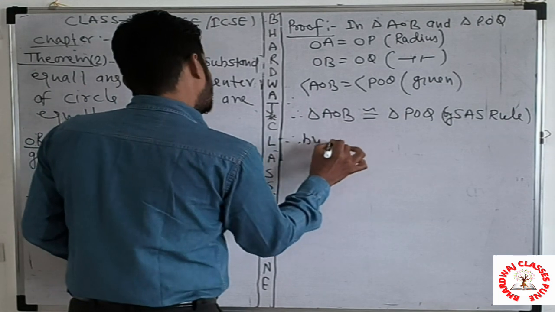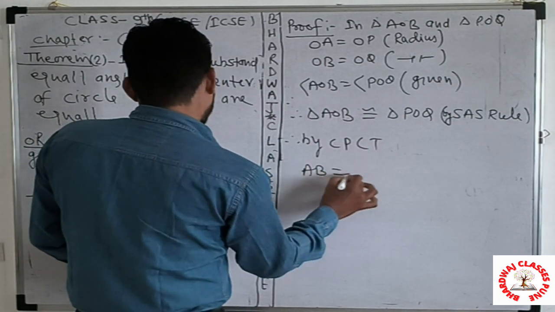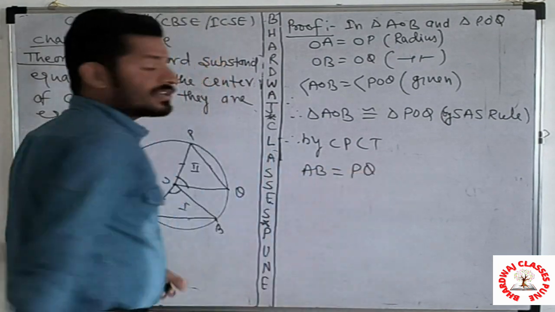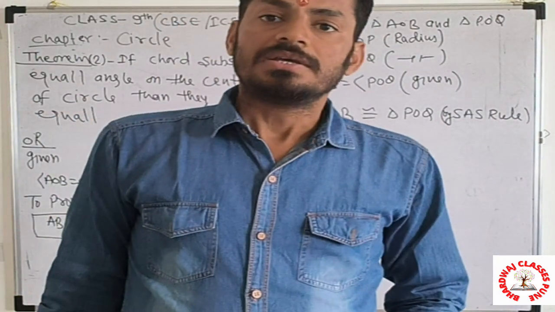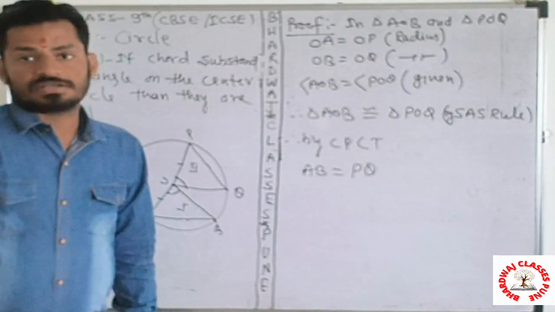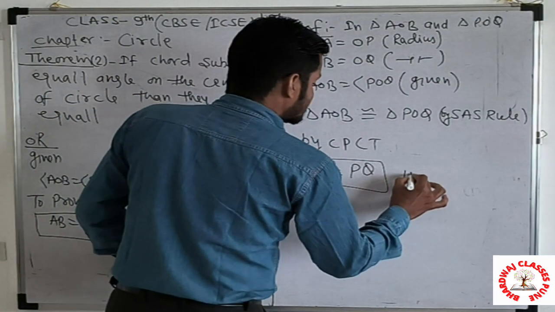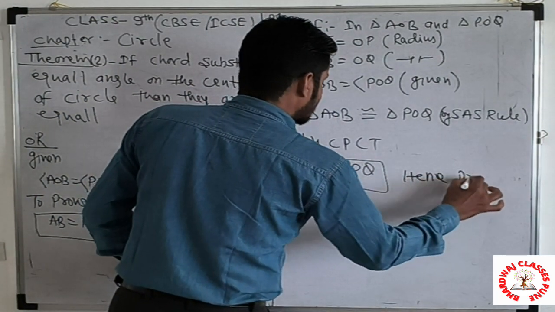Therefore by CPCT, you can say that AB is equal to PQ. When two triangles are congruent to each other, we can relate the corresponding parts of the two triangles as equal. So this is what we were required to prove. Hence proved.